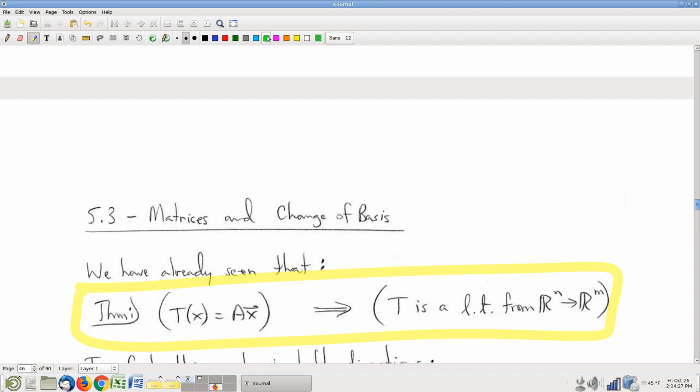All you have to do to prove this result is put a linear combination in and confirm, with the algebra of matrices that you already know, that as you would hope from linearity, you do indeed get the appropriate linear combination out. Good exercise. Hopefully you've already done that.